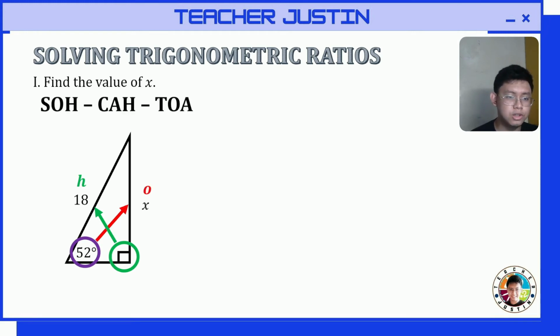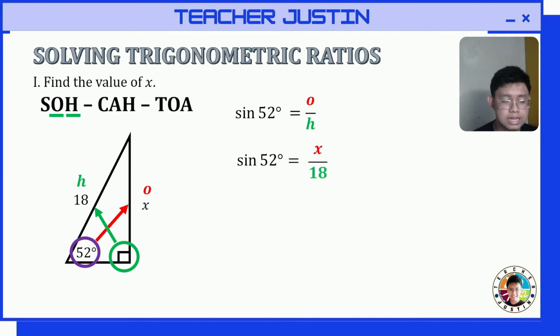So using SOHCAHTOA, let's identify which trigo ratio to use in order for us to solve for the value of x. So since we're given the opposite side and the hypotenuse, we're going to use sine 52 degrees. So we know that sine is equivalent to opposite over hypotenuse. So let's substitute their value, giving us the equation sine 52 degrees is equal to x over 18.